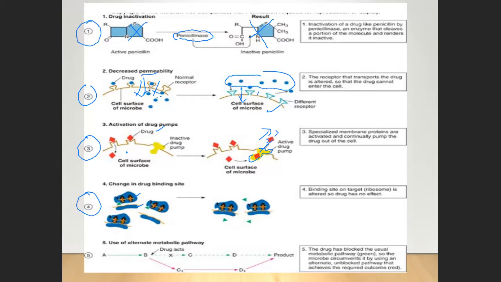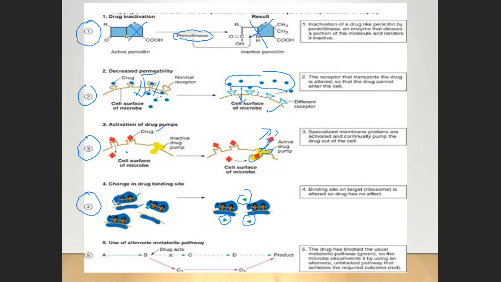So these drugs over here will not be able to bind to the bacteria that are able to change the receptor on the ribosome. So this drug actually will not bind to the ribosome. So the bacteria will be protected.